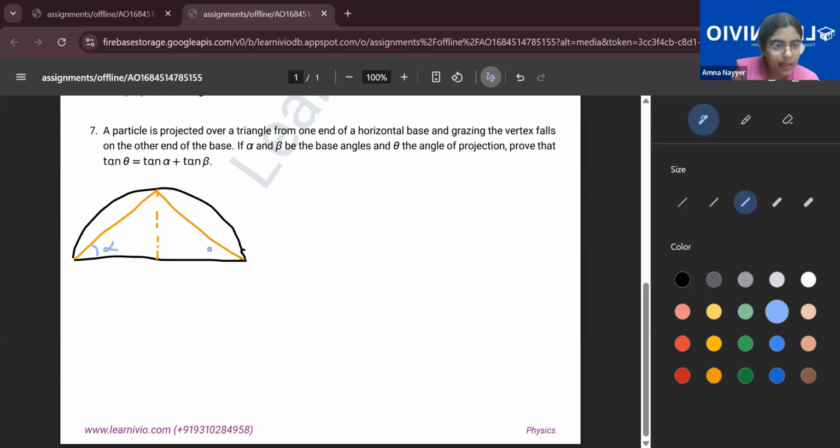One it is saying alpha, other it is saying beta, right? Now see, the total angle with which it is projected is theta. So this angle is theta, this angle is alpha, this angle is beta. Let's say the total distance will be, what will be this base distance?